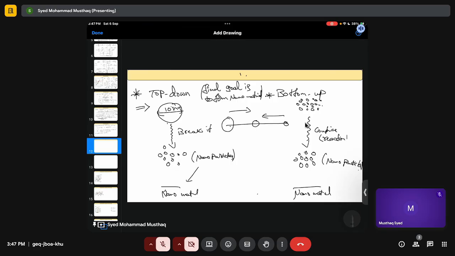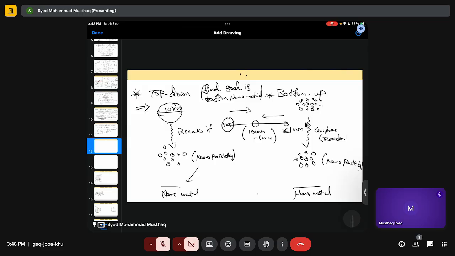Larger dimension is like 1 mm or more than 1 mm, or microns. Even smaller dimension is less than 1 nanometer, or atomic clusters. Then I reach the nano range.